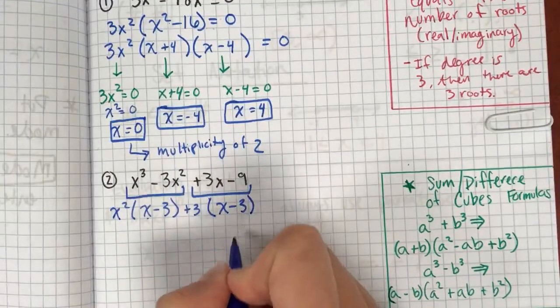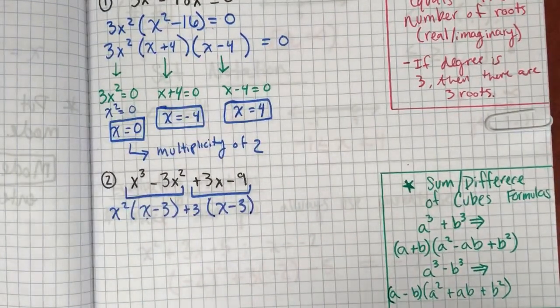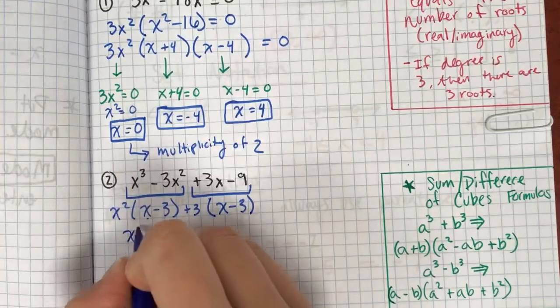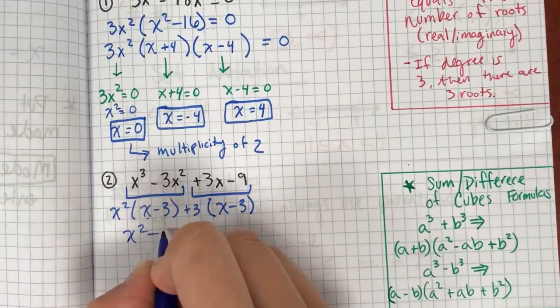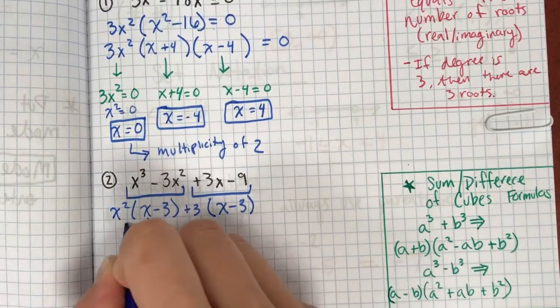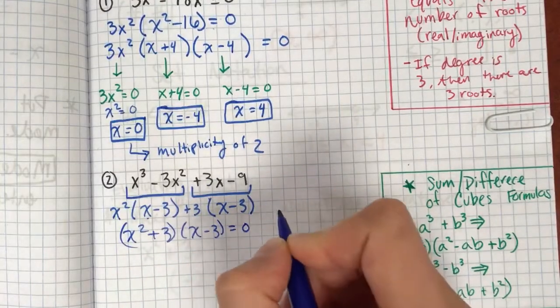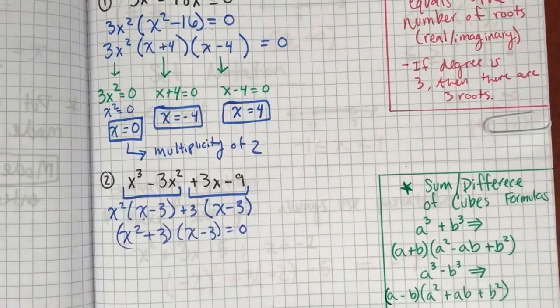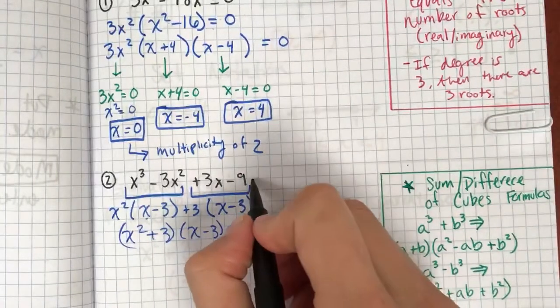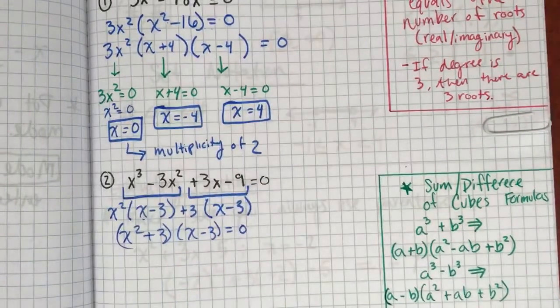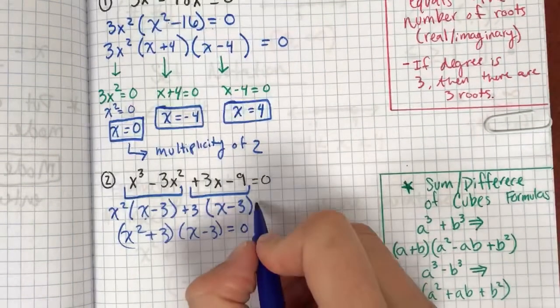Make sure that these 2 parentheses match, or else you cannot regroup. So now that I'm regrouping, I've got x squared plus 3 and x minus 3. And this should actually say equals 0, so that we can solve.